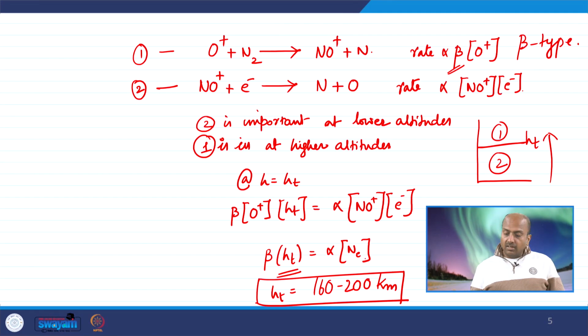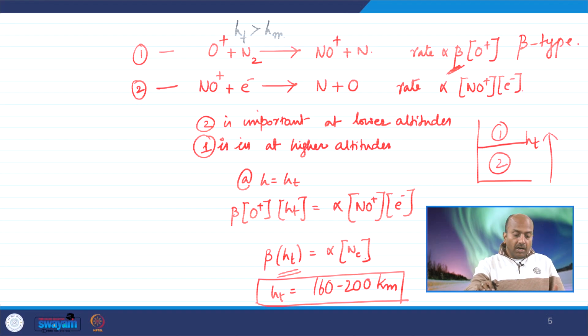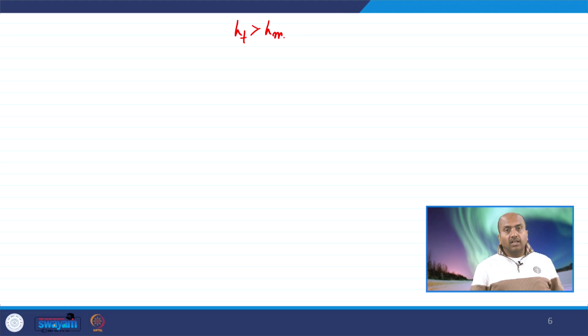In the upper part of the F2 peak, we can consider the ionosphere dominated by beta type recombination. And from this reaction itself, we know that beta obviously depends on the concentration of N2. How many N2 molecules are present will decide the loss, or the creation of NO plus, right? So, beta depends on N2. O plus is produced, right? That is an ion.